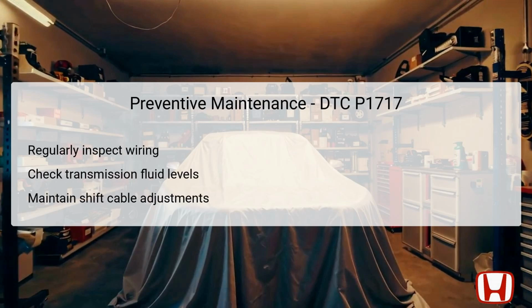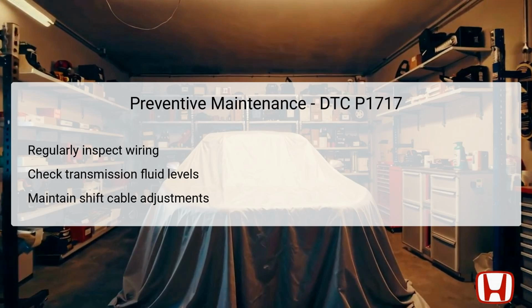Preventive maintenance is key to ensuring the long-term health of your transmission range switch and overall transmission system. Regularly inspecting all wiring connected to the transmission range switch can help catch any issues before they escalate, particularly checking for signs of wear or corrosion that could lead to electrical failures.